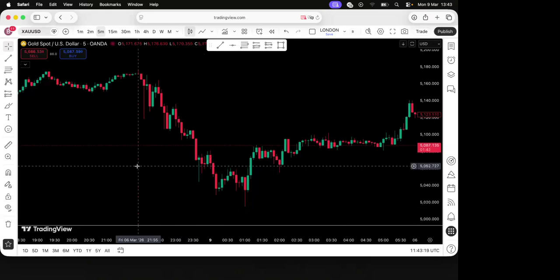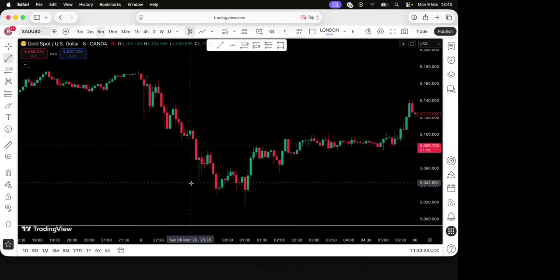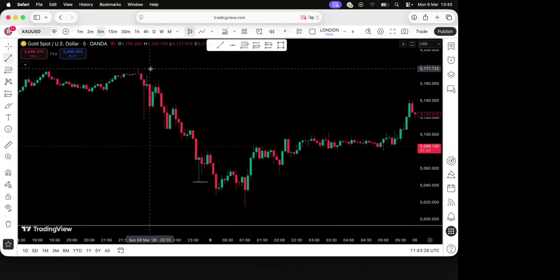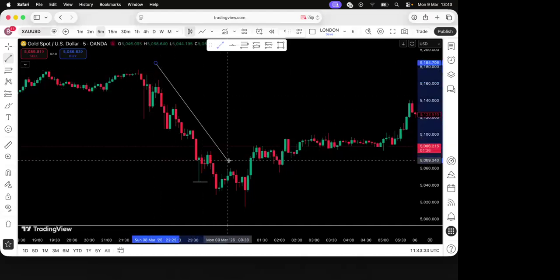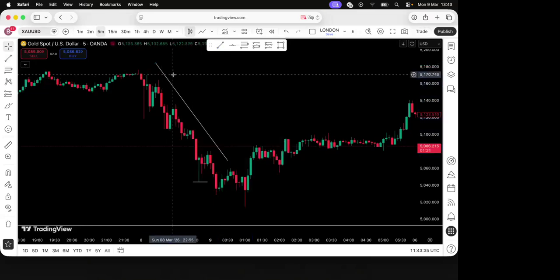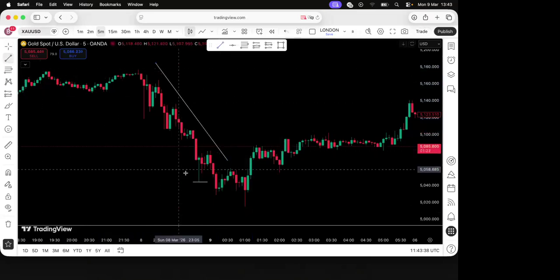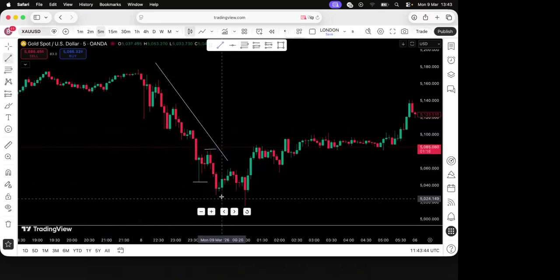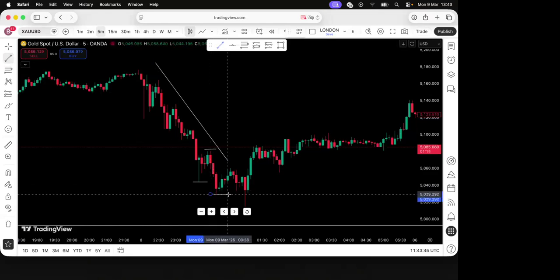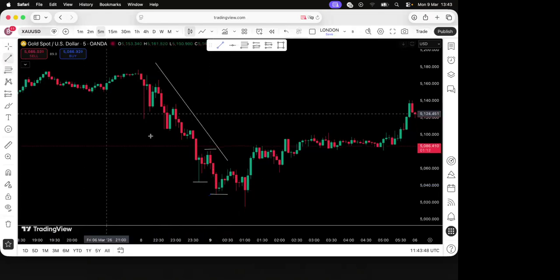Okay. I'm going to show you now. I'm not going to mark all these up. I'm just going to mark up these last few. So we have identified that we are in what, ladies and gentlemen? We are in a downtrending market here. Okay. So we've identified we have lows, we have lower highs, we have lower lows, and we have lower highs.